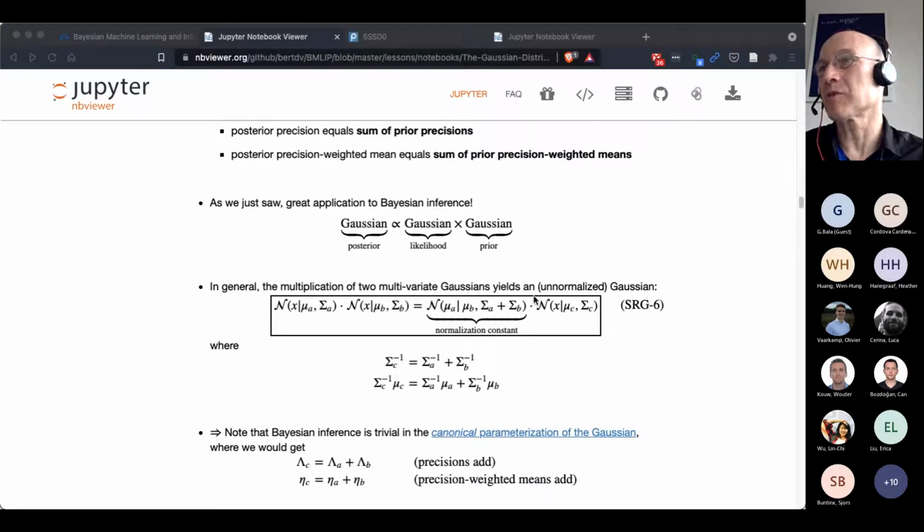This is just going to be a number. So if I have a Gaussian prior and a Gaussian likelihood over theta, I can immediately write down the result, namely the posterior over theta and the evidence, just by using this formula.